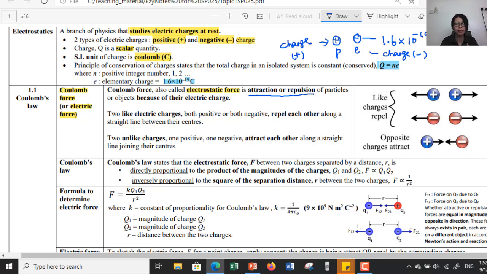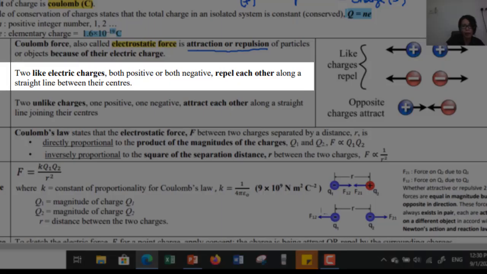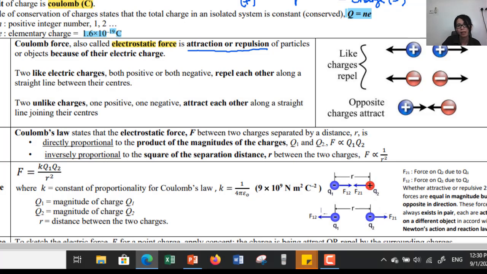So how do we know whether the forces that exist between charges are attractions or repulsions? We hold to this principle. If we have two like electric charges, either both positive or both negative, they will repel each other along a straight line between their centers. So between positive and positive charges, they will repel each other. Likewise between negative and negative charges, they will repel each other.